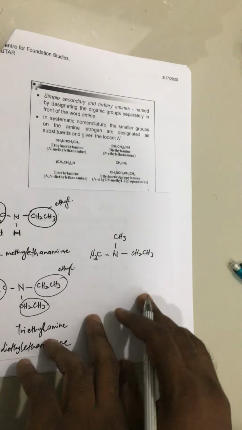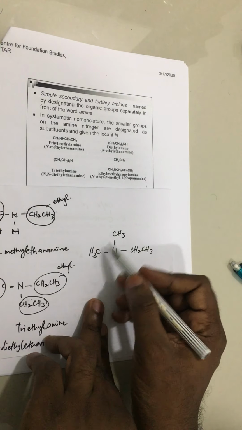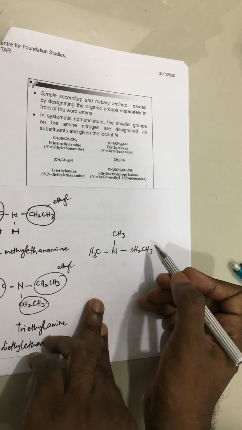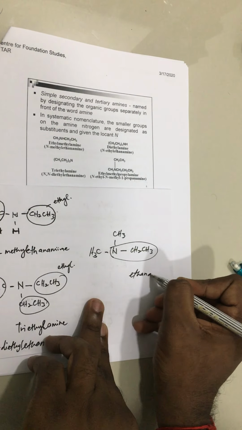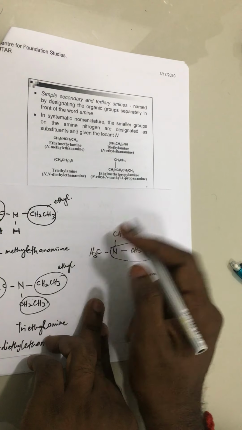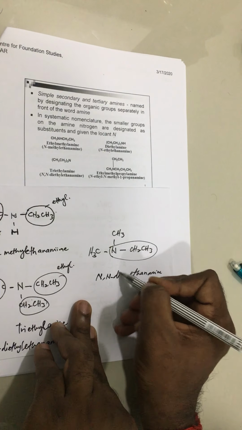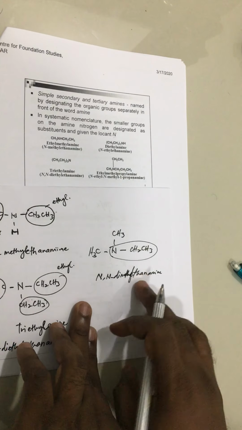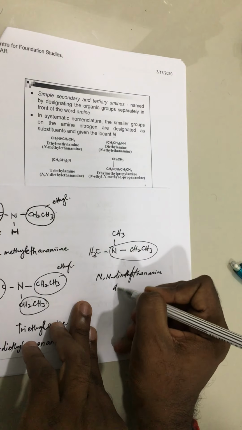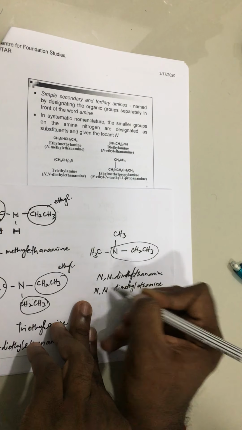Okay, so similarly here you can see one of them is a larger group, right? So this one will be the parent, so ethanamine, and then you have two methyl groups, so at the end, N,N-dimethylethanamine.